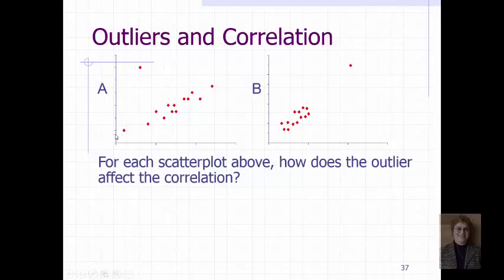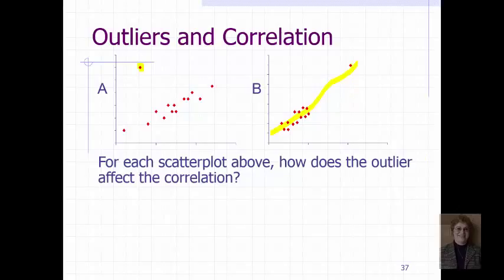Now, for each scatter plot above, notice for A that we could sketch a line and be pretty close to most of those, but our influential point up here will draw that line up away from the rest of the points. And notice here our points are grouped, and this point here is going to make that line much more definite, and it's going to make our R much higher.